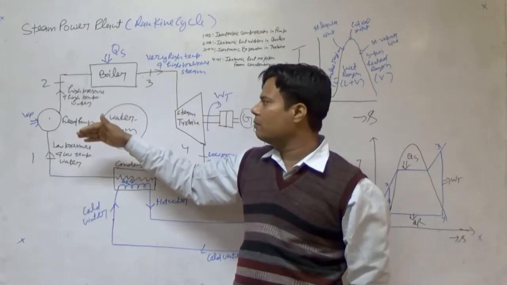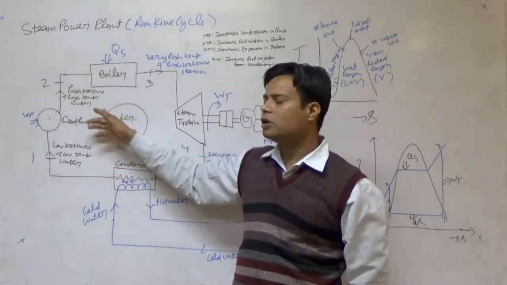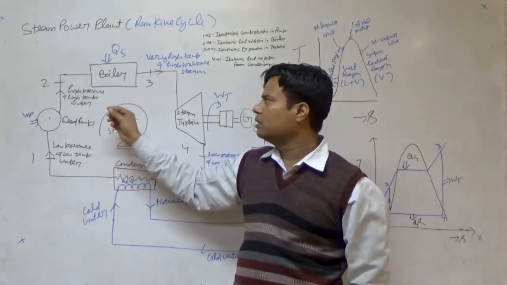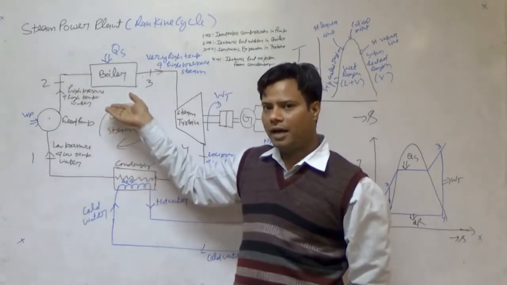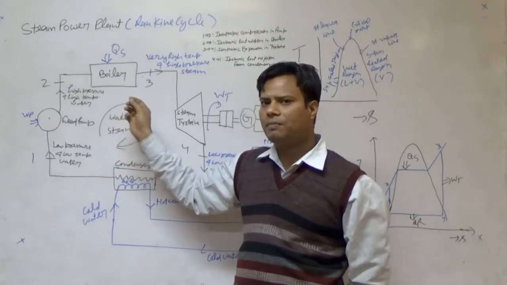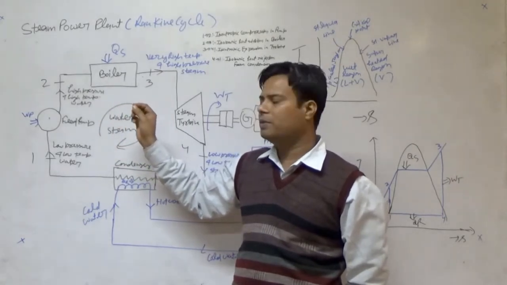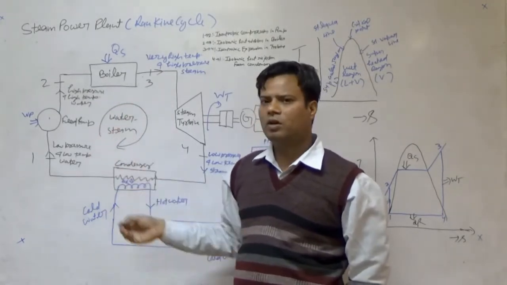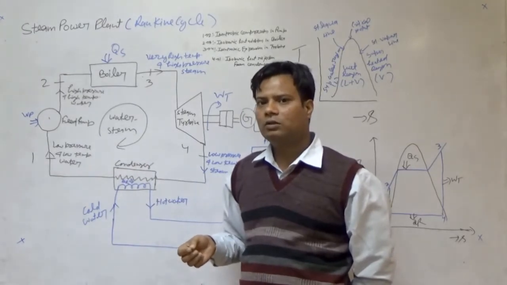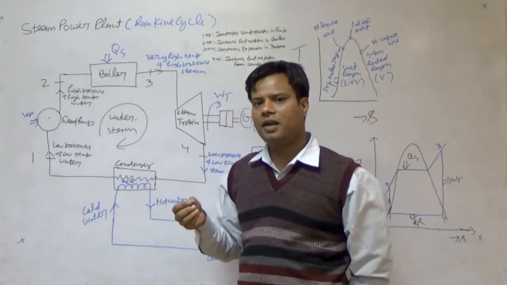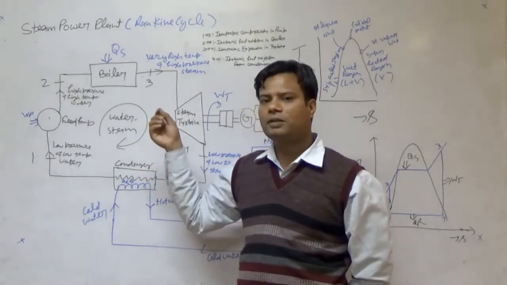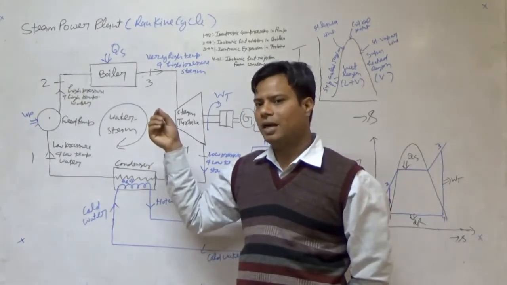After compression in the pump, the pressure and temperature of the water increase. The increase in pressure is high compared to the temperature. Because it is water, there is only a small increase in temperature in the feed pump. If we compress the water, the pressure increases very high, but the increase in temperature is less.